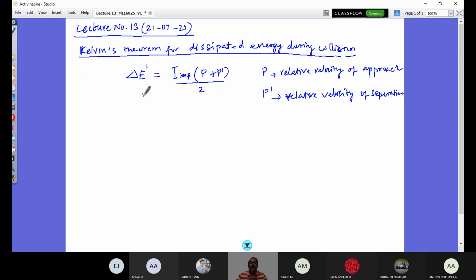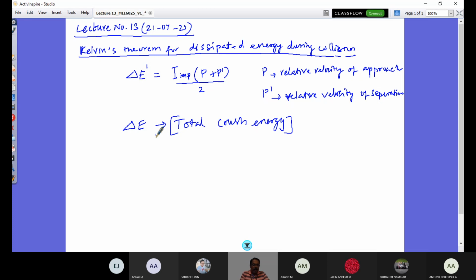To understand this, at the end of this period we are going to look at what is total crush energy. In that, delta E without the dash is the total crush energy. When I say total crush energy, this is the total energy that is possessed by your vehicle. And from that, the energy dissipated is delta E dash.